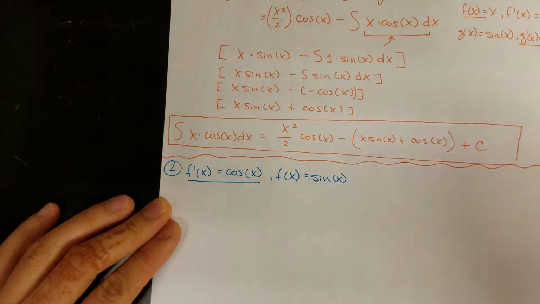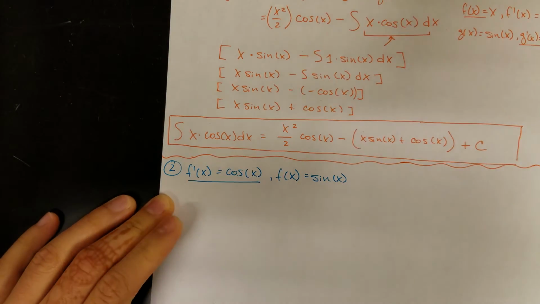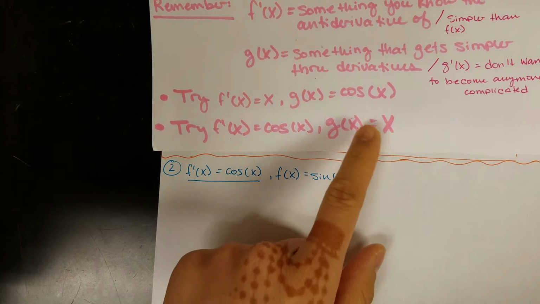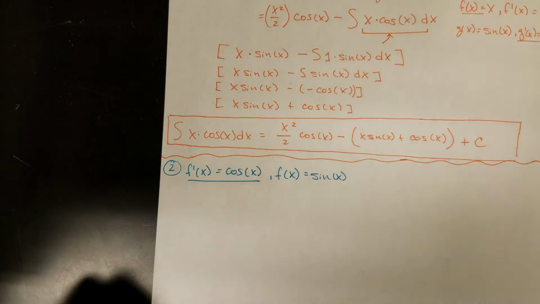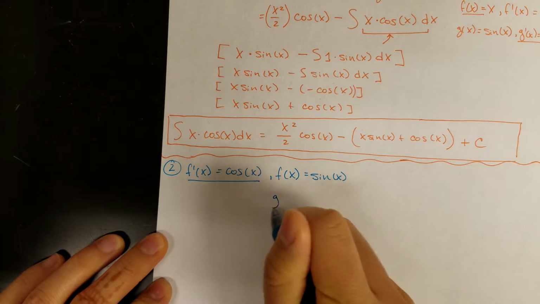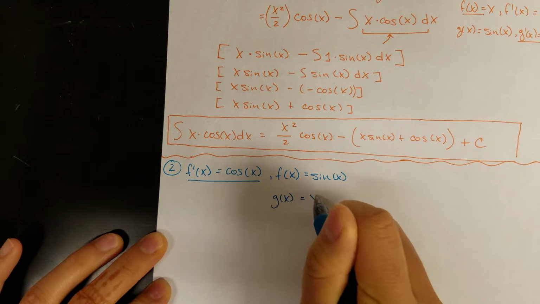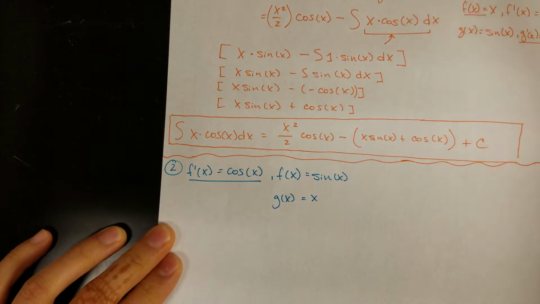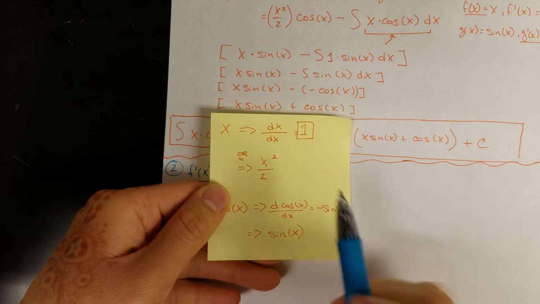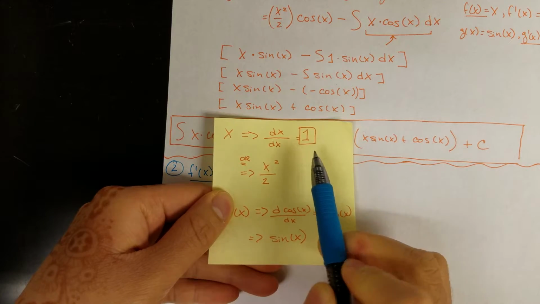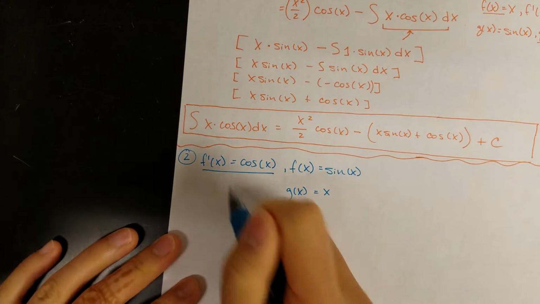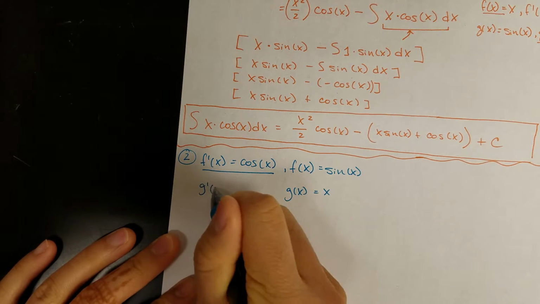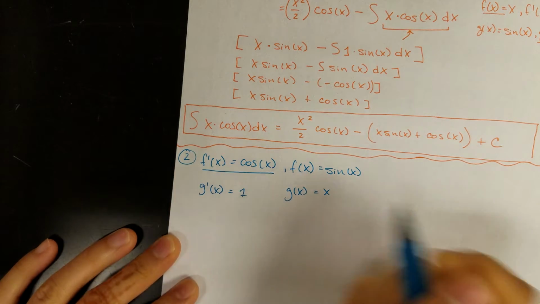Then our g of x is going to be equal to x, and as we discussed before, the derivative of x is equal to 1. So g prime, in this case, is going to be equal to 1.